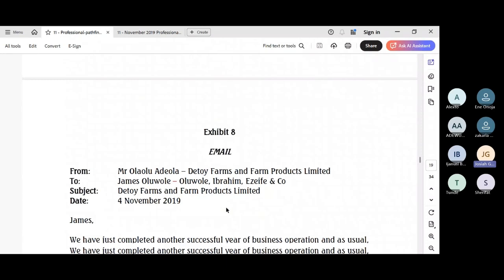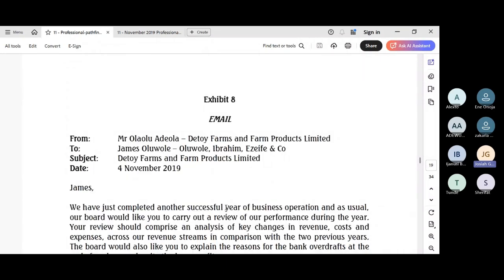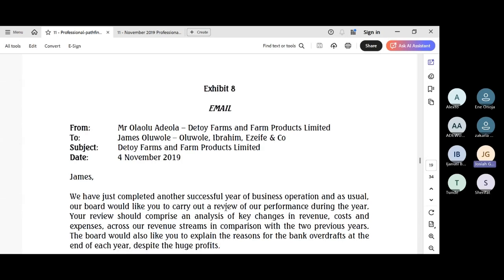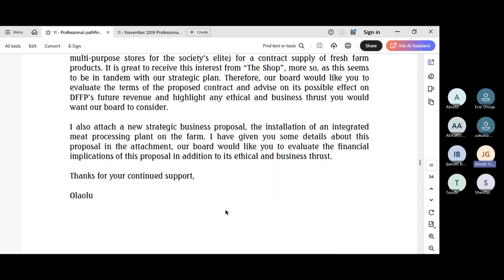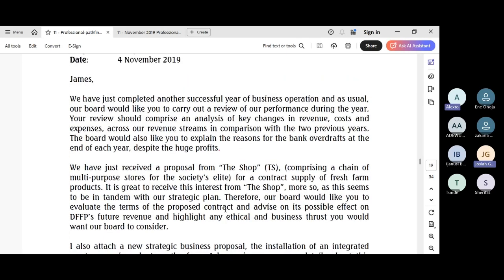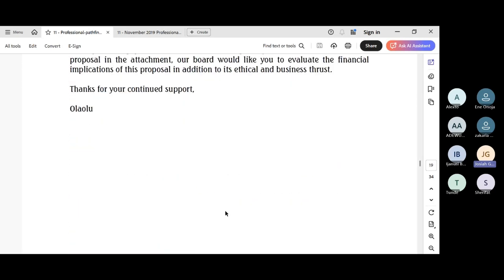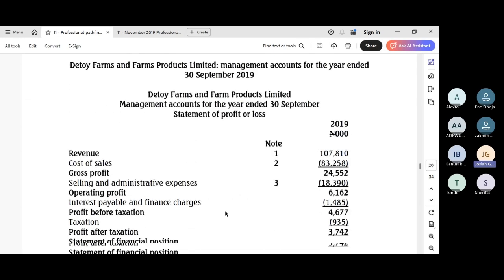And we have Exhibit 8 speaking to Mr. Olaolu, who is someone from Detoy Farms, and James Oluwole was the recipient of this mail, which is Exhibit 8. And that spoke to, I'm sure, the request for the proposal on the shop, and that will comprise of requirement 2's engagement.